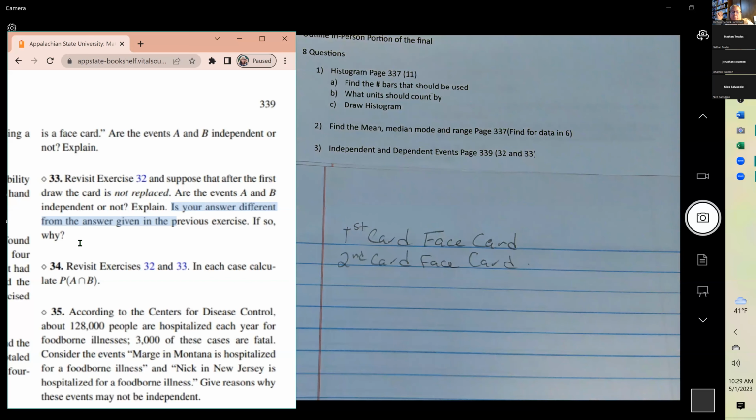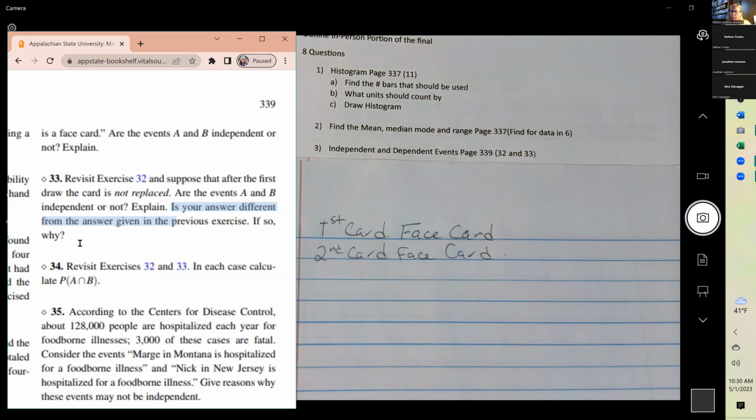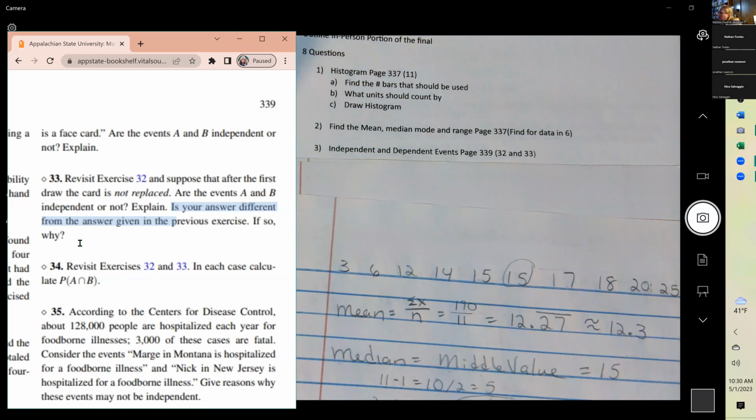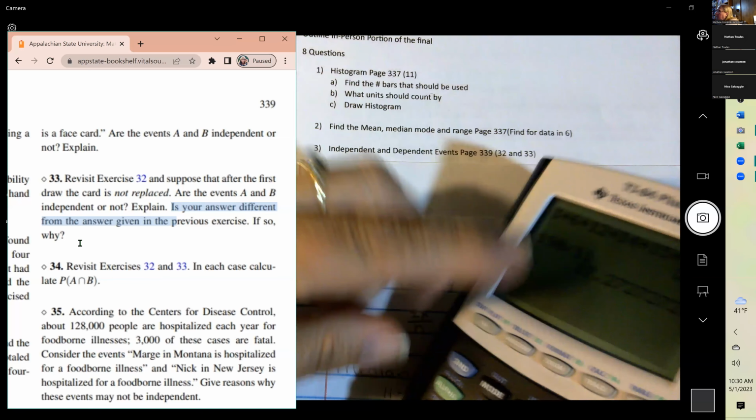We picked a card, we put it back, we shuffled it, and we put it back again. For the last one in my book, let me look. It is a 17. I wrote it wrong.